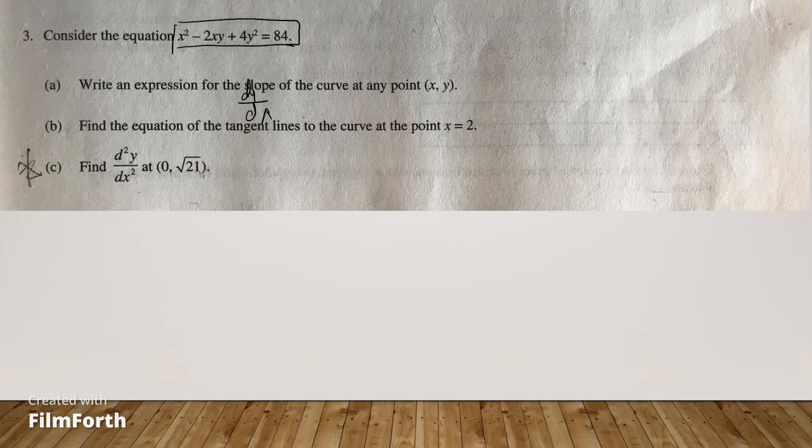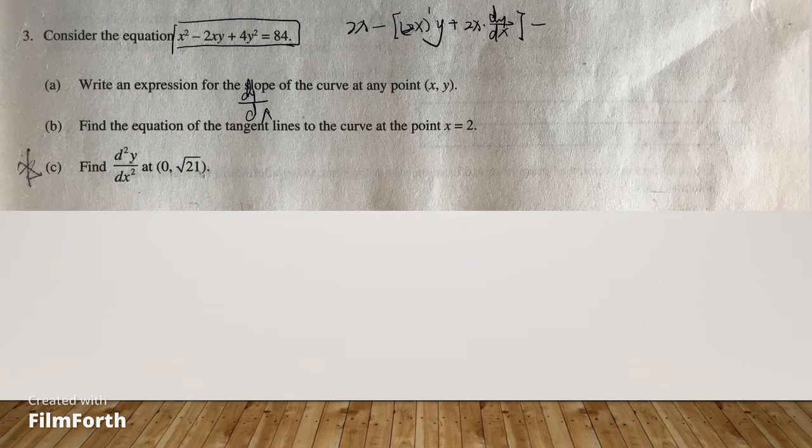So next step, we just need to take a derivative of both sides with respect to x. So left is 2x minus 2x prime y plus 2x times dy over dx.